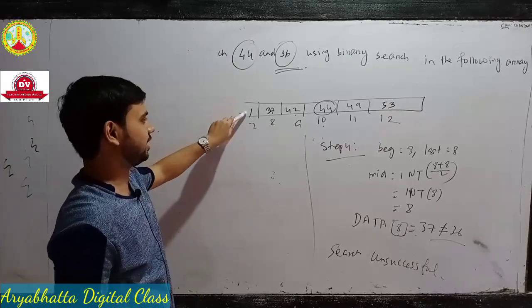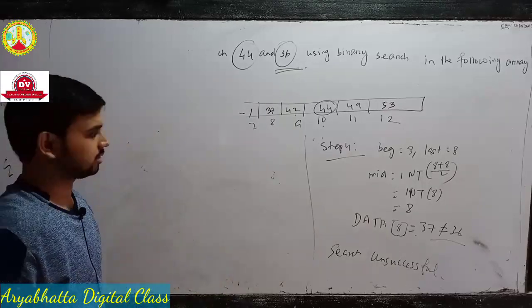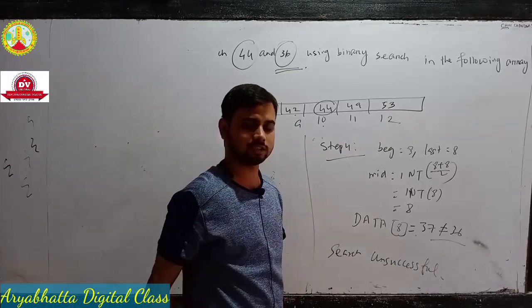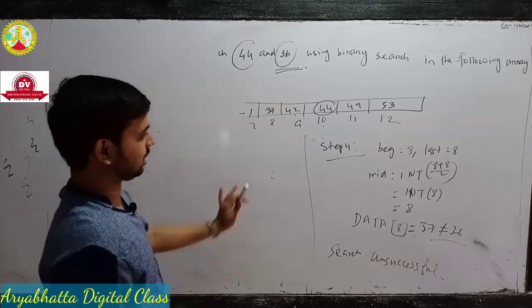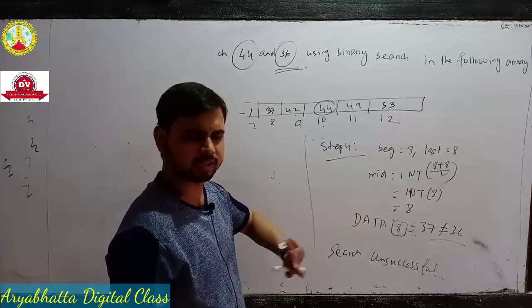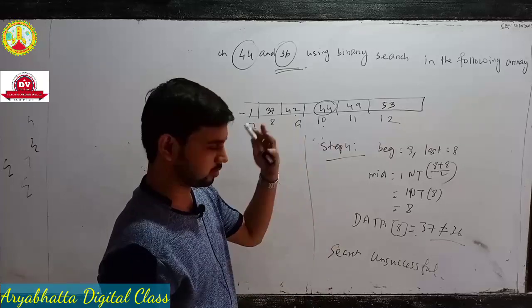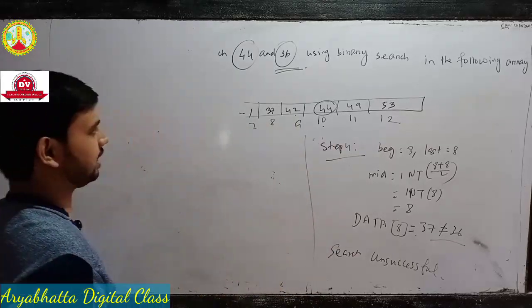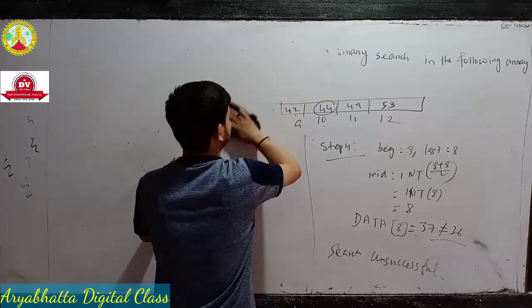Not exactly this array, some other array, maybe descending or ascending, some other values. This type of problem comes in the exam. Last year, one question came, I think for 3 or 4 marks. Okay, this type of question is very scoring. If you just remember, it's a very easy program. Just practice it carefully at home, and you can easily do it in the final exam and score. Okay, this is very easy.